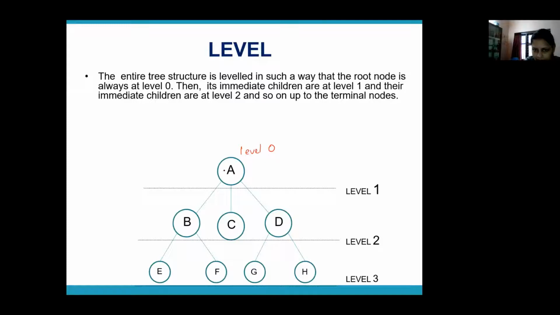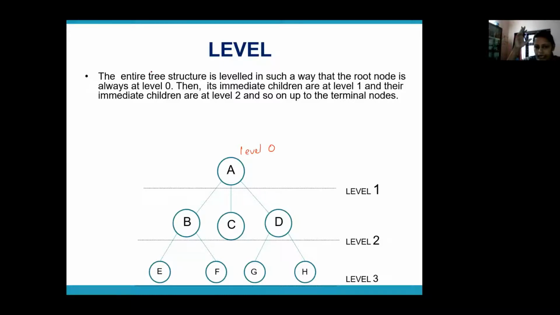So this is your level 0. Then the immediate children of the root node will be at level 1. So these are at level 1. Then the nodes in the next level will be at level 2. That means all the children of the nodes in level 1 will belong to level 2, and so on.